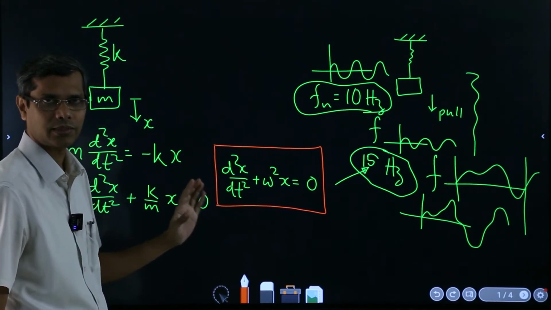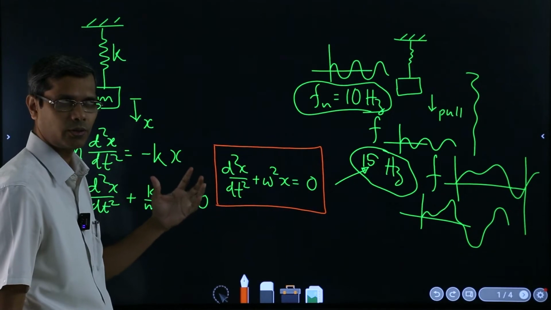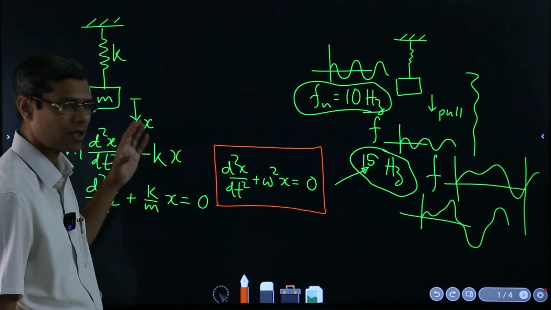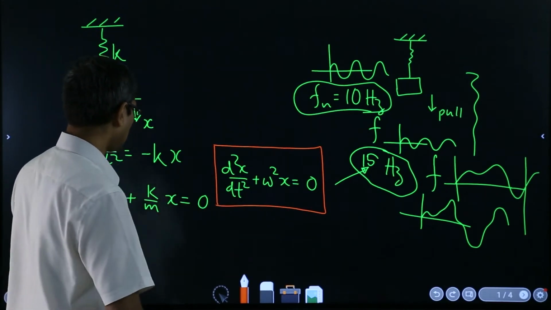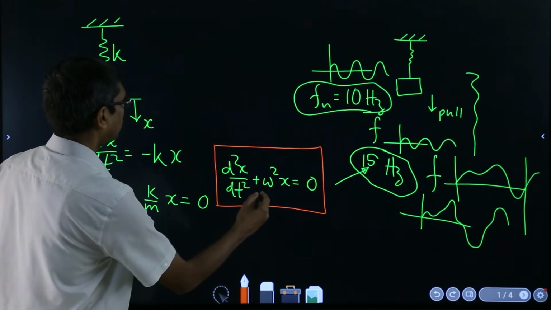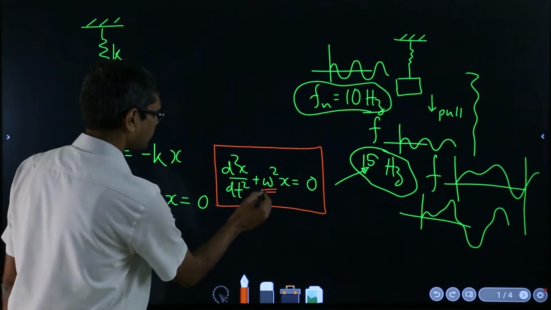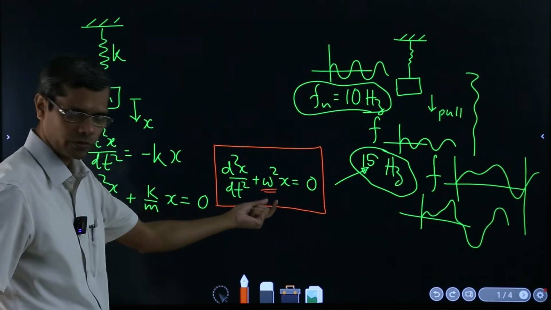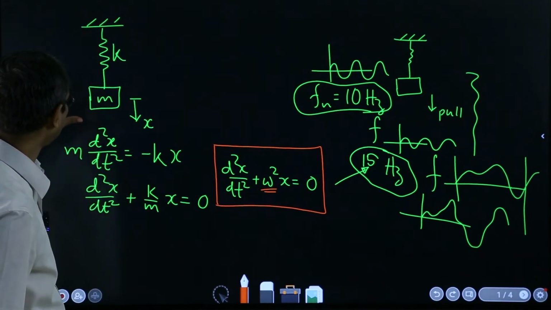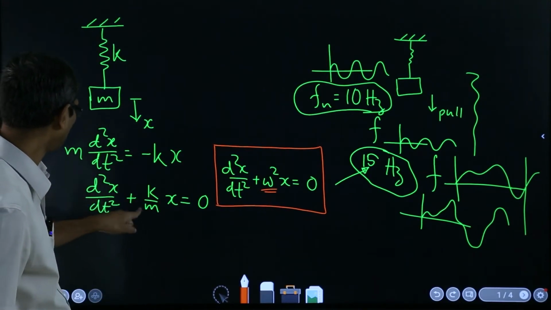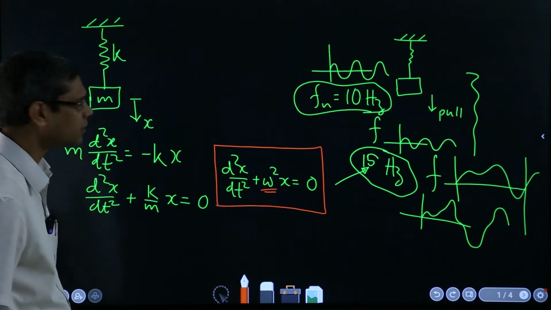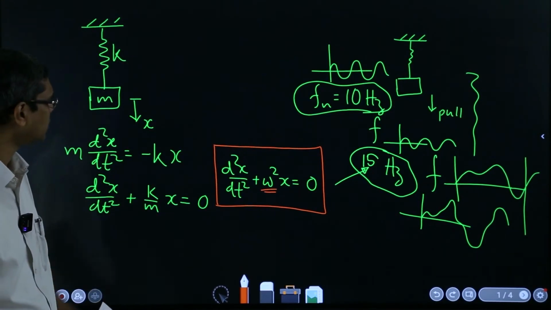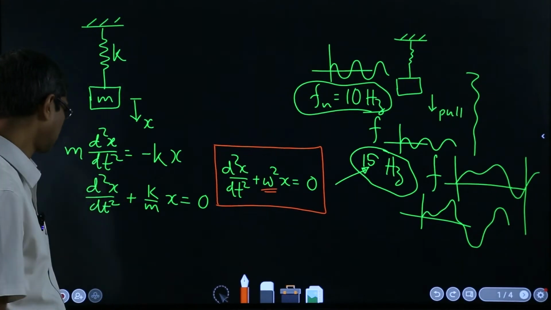That is important to observe, and to tell yourself that yes, this is why it is called the natural vibration. The only thing which contains any parameter related to the system is the coefficient of x, and that contains both k and m, the only physical parameters which the system has got, and in terms of that the differential equation is set.